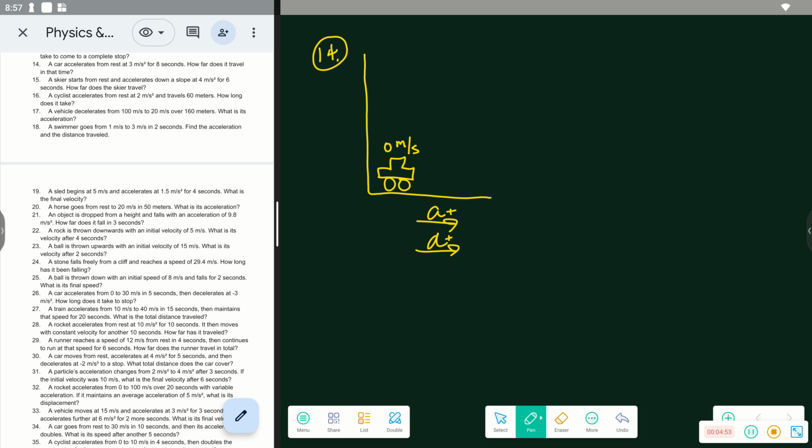The displacement would also be positive, and it's going this way. We don't know what the final velocity is, which is fine. We don't need to. How far does it travel? So we need the time, which is 8 seconds. What is the acceleration? It's 3 meters per second squared. Okay, and now we can make our chart.